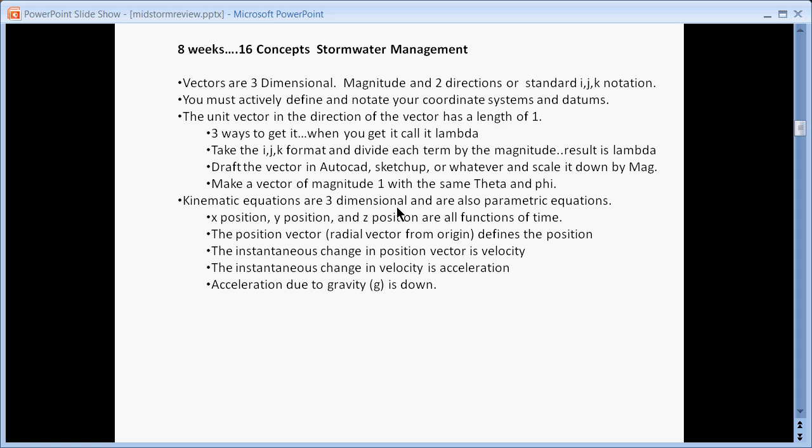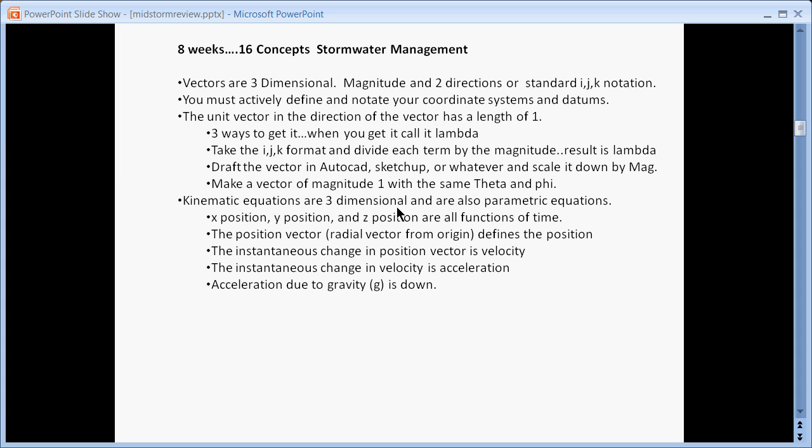We're looking forward to lots of implications of integral math or differential math. We looked at kinematic equations and decided they are in fact three-dimensional and they are also parametric equations. In other words, X, Y, and Z position are all functions of time.